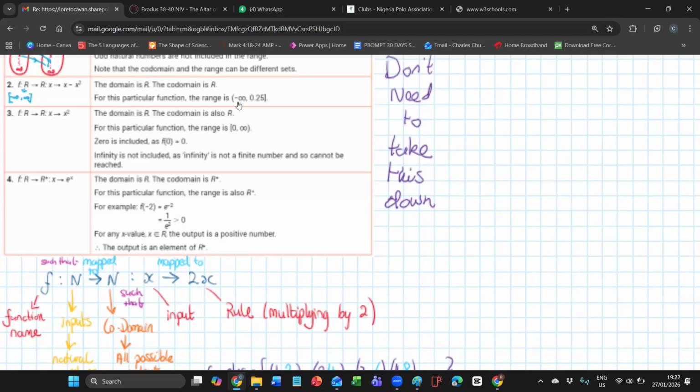Okay, I think it's not all the real numbers that are involved. I'm just looking at it. X raised to power 2, minus infinity to infinity.